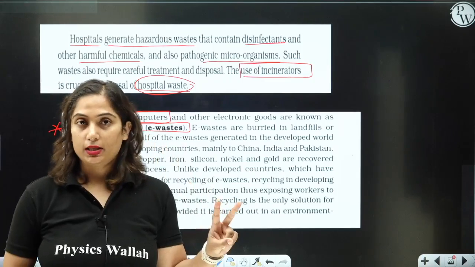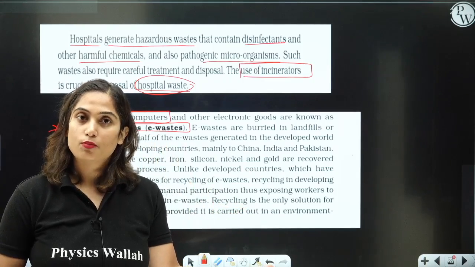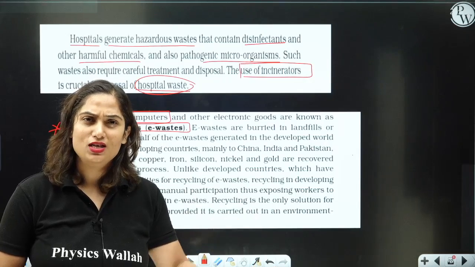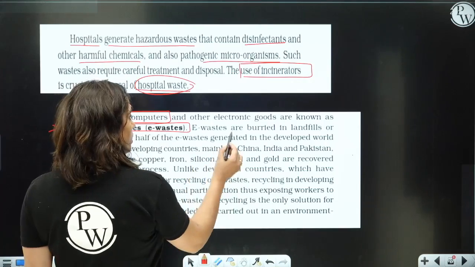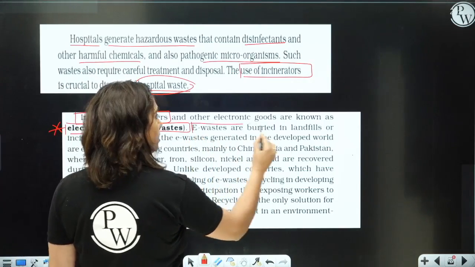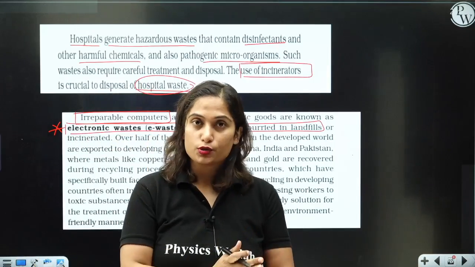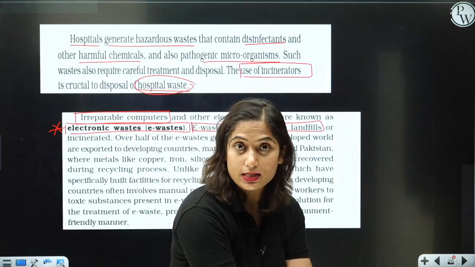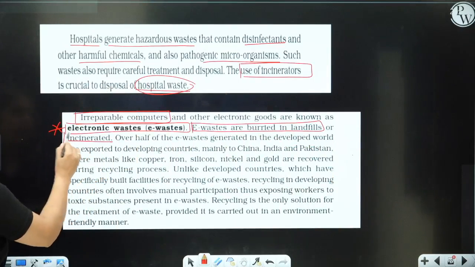There are two methods to dispose of electronic waste, like used mobiles, used TVs, and computer laptops. The first method to dispose of e-waste is to bury it in a landfill. Second is the use of an incinerator.